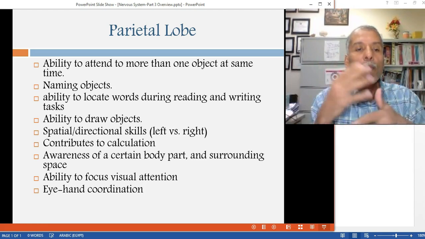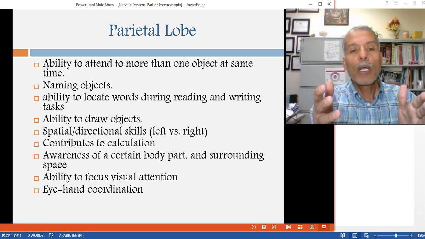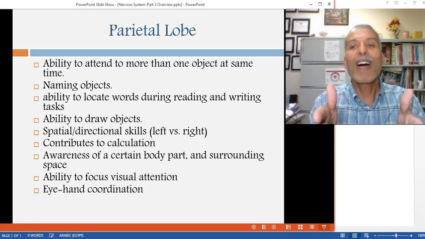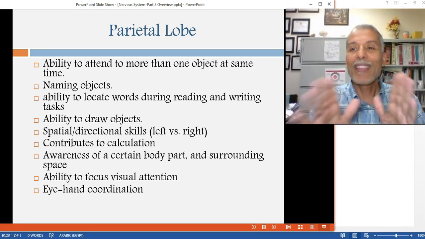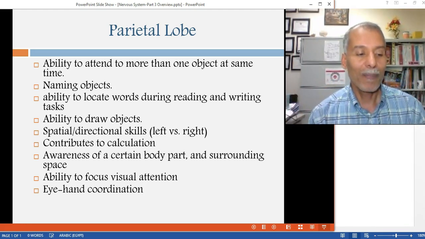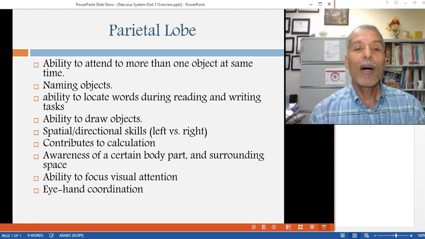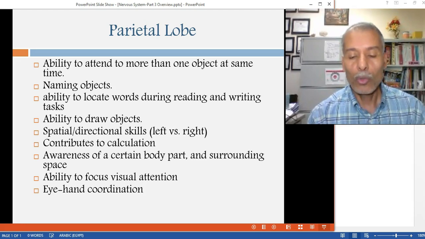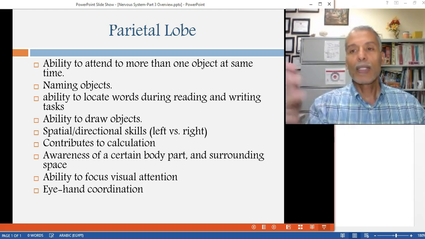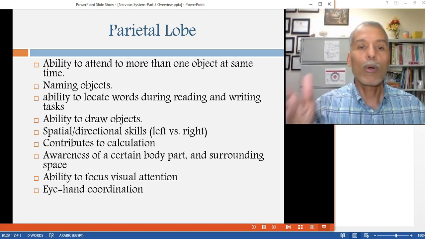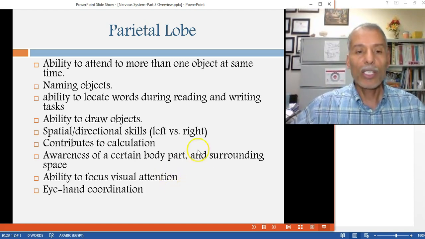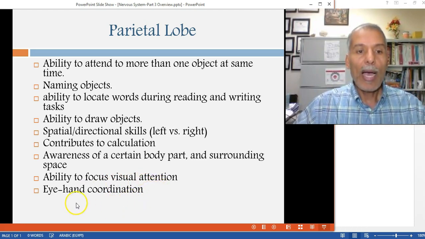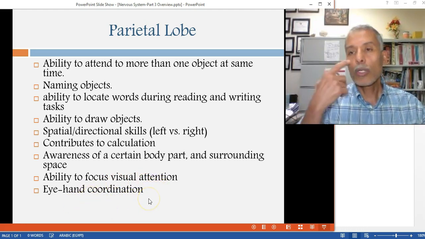If there are spatial awareness problems or difficulty with spatial processing, the person could jam the car into a tiny space and cause a problem, or have difficulty locating their car or finding their way somewhere as you navigate your way through a mall or a place, finding directions, or the ability to focus visual attention, and also eye-hand coordination.